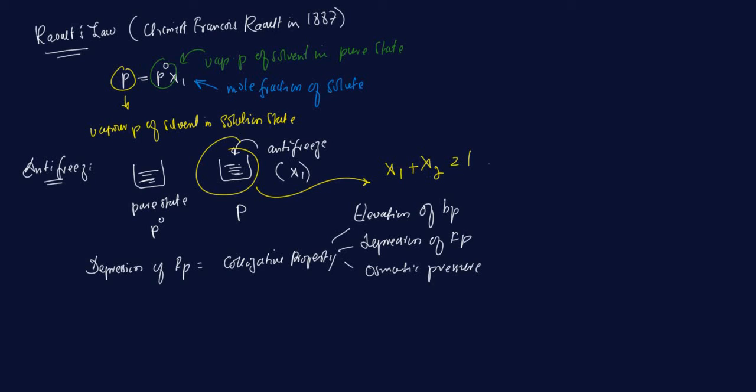In order to arrange the equation for X₁, we can write X₁ = 1 - X₂. Putting this value in the above equation, we have P = P₀(1 - X₂).